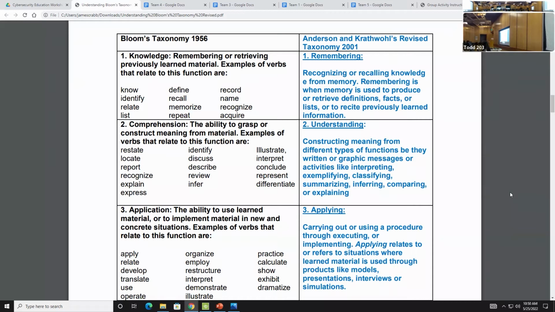So the third question. I want classification. Okay.